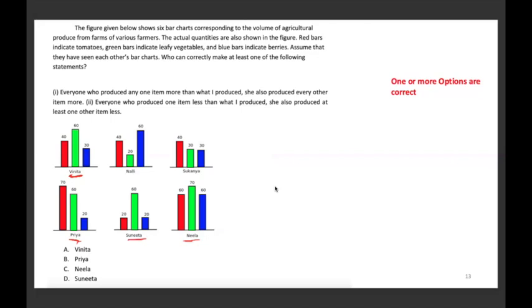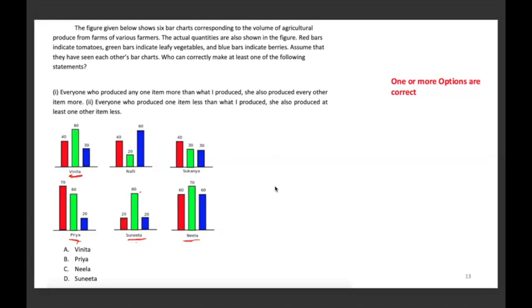First statement, everyone who produces any one item more than what I produce, she also produces every other item. What it means is of all those four, there's one person who will be producing the least amount. Looking at these four people, Sunita is producing fewer tomatoes and berries, but her leafy vegetable bar is more, which is 60, equal to Vinita and Priya.